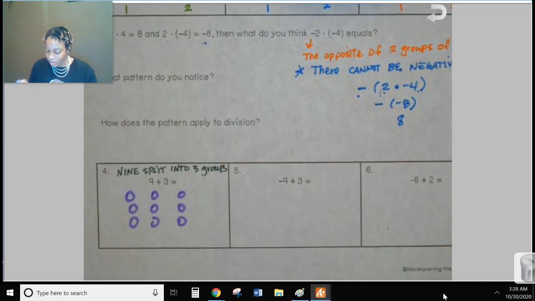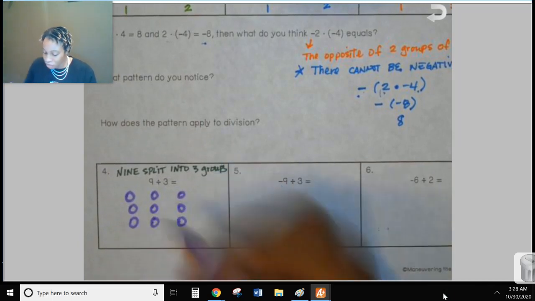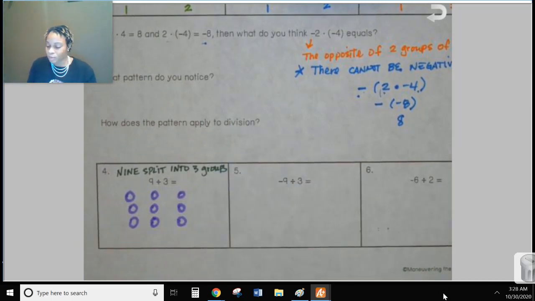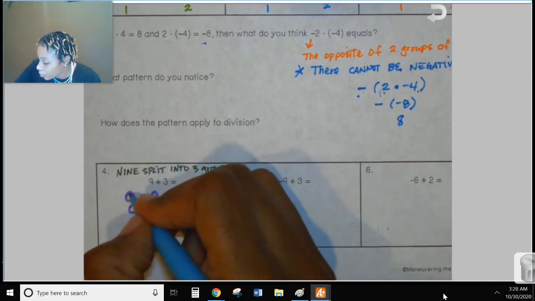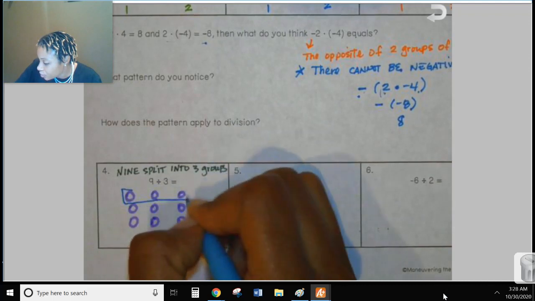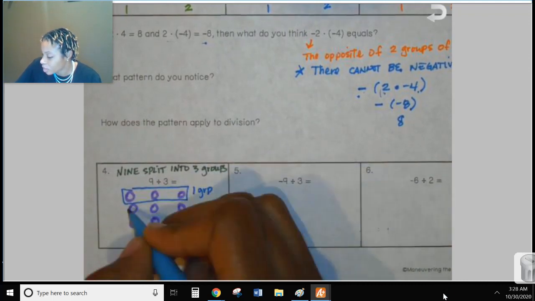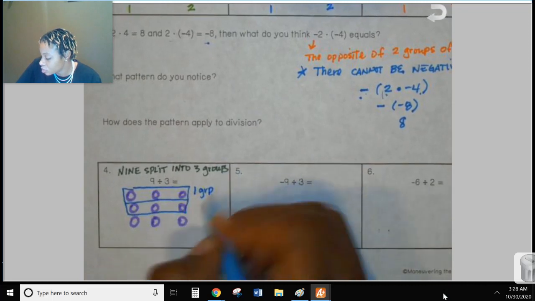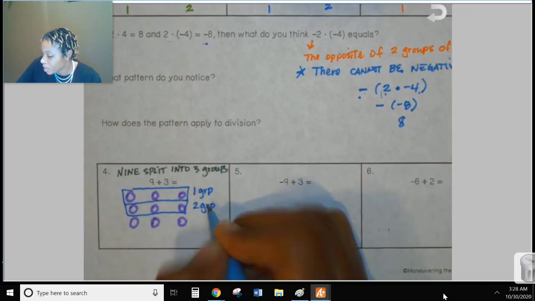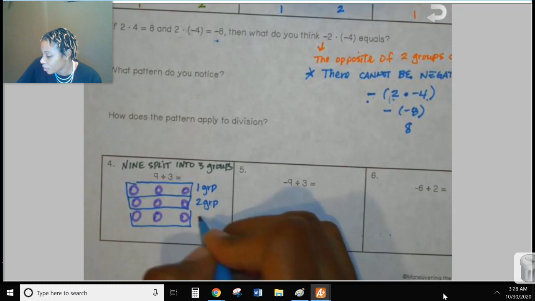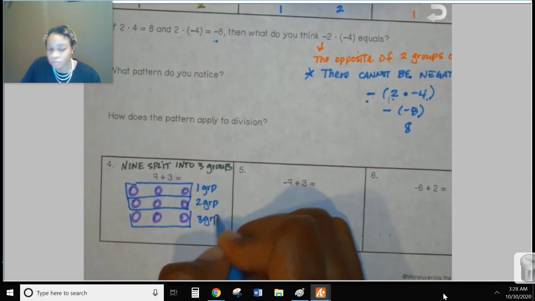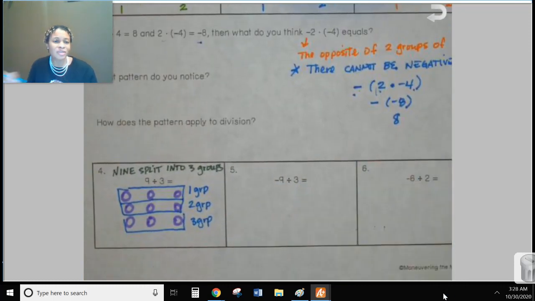And then I want to take these 9 counters and put them in groups of 3. So I can go horizontal, and this can be 1 group, and then this can be 2 groups, and then this can be 3 groups.